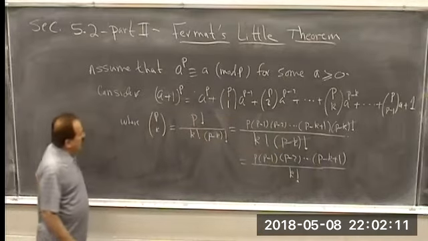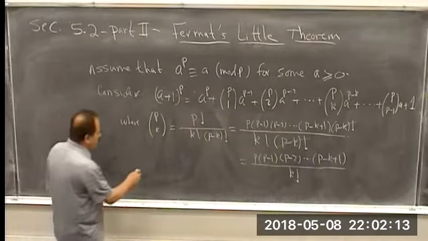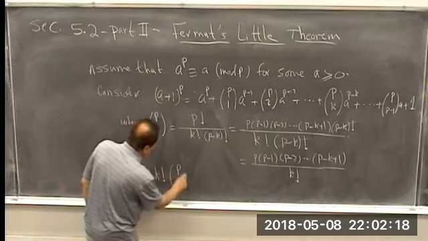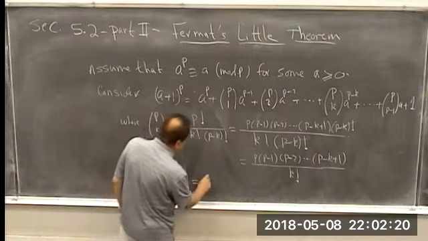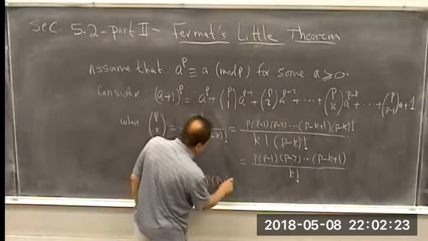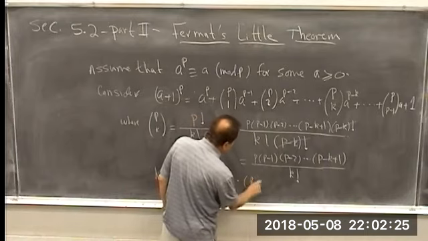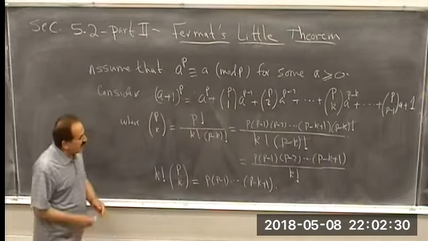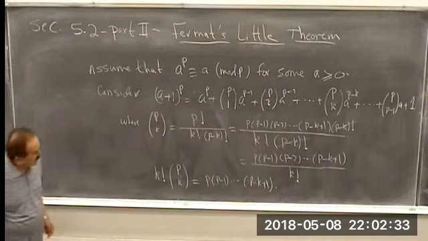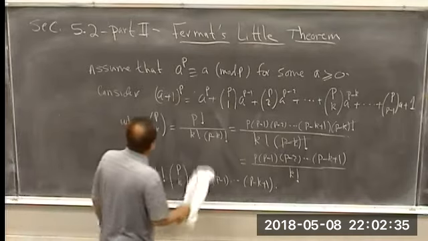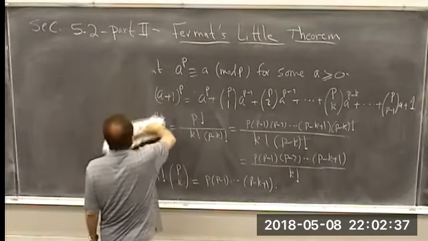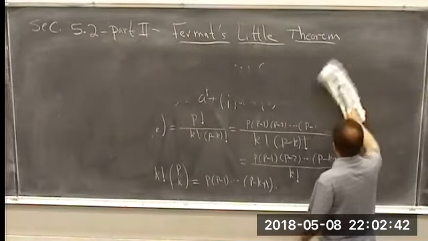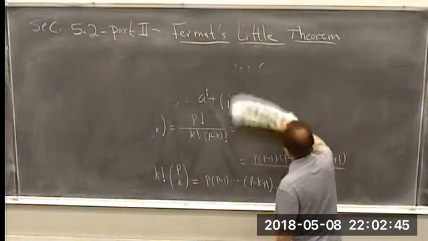All right, I'm going to look at the product k factorial times p choose k. This is equal to p times p minus 1 up to p minus k plus 1. All right, I claim that p choose k here is going to be congruent to 0 mod p for all the k's between 1 and p minus 1.